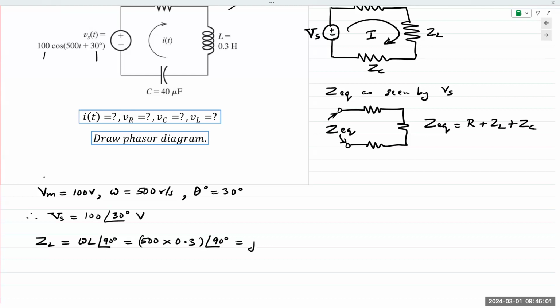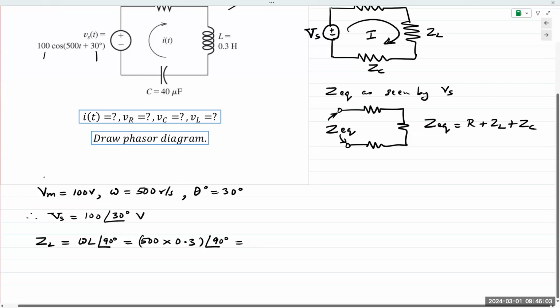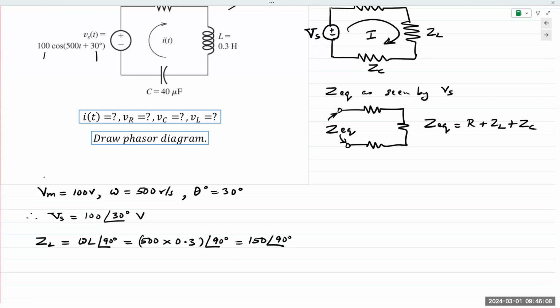That gives me 150 with an angle of 90 degrees. In rectangular coordinates, ZL would be j omega L, so j times 500 times 0.3. This would be j150 ohms, or 0 plus j150. Resistive portion is 0.